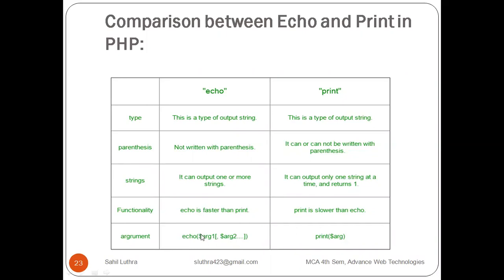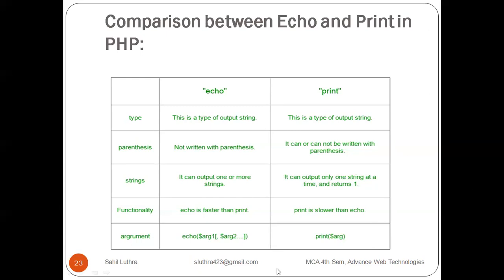After that, the dollar sign, and after that argument one which you want to pass, and after that you have to separate with the help of a comma, and at last dollar argument two. So on, you can use multiple arguments, or you can display multiple arguments with the help of echo. But in print, you can pass only one argument at a time.